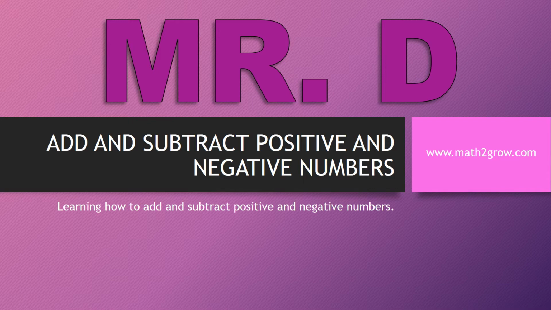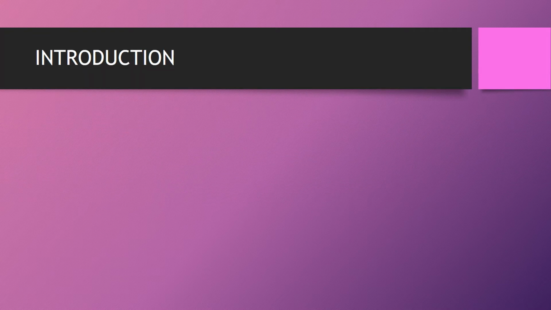Before I teach you how to add and subtract negative and positive numbers, I want to do some introduction, because you need to know some important things. You need to remember, for example, that when you have two positive signs consecutively, the final sign is positive.